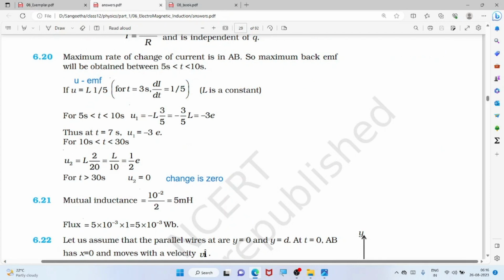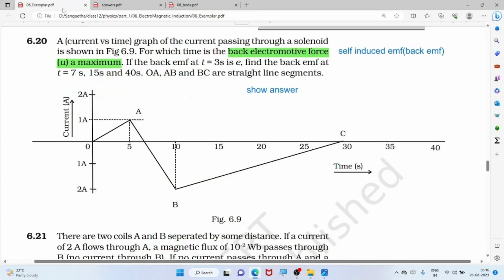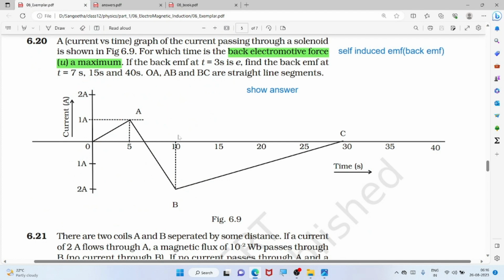L is constant, that is the self inductance. For 5 seconds to 10 seconds, the rate of change of current is di 3, dt 5, so 3 by 5.